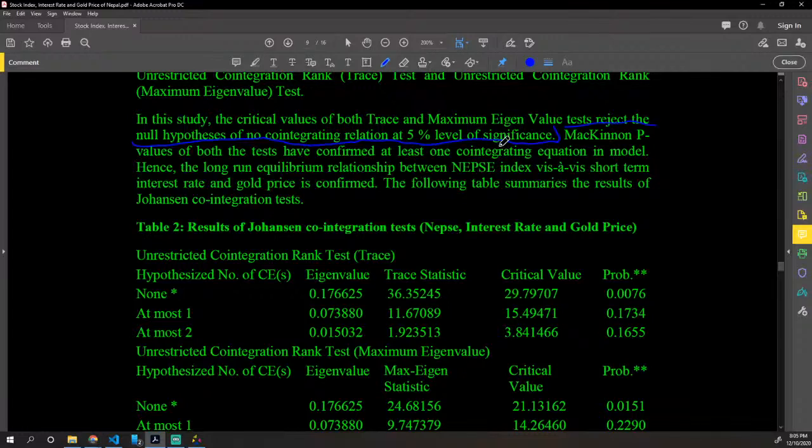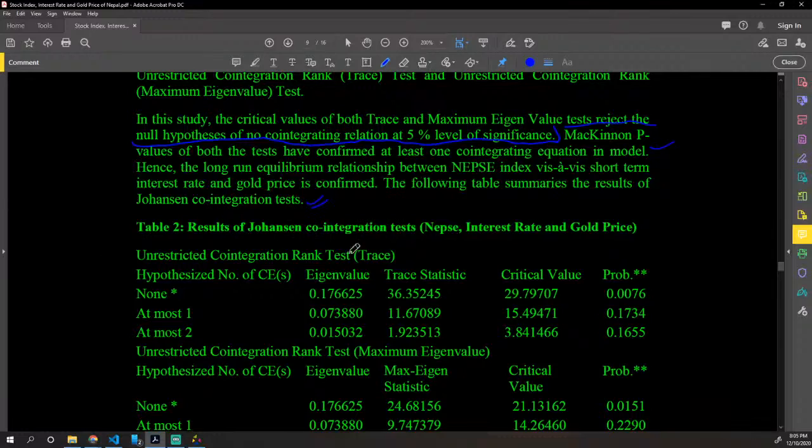So MacKinnon p-values of both the tests confirm at least one co-integrating equation in the model. Hence the long-run equilibrium relationship between NEPSE index, interest rates and gold price is confirmed. The following table summarizes the result of the Johansen co-integration test.